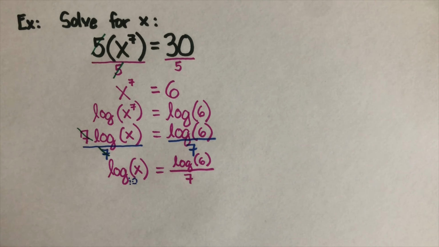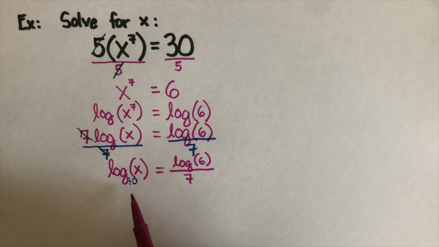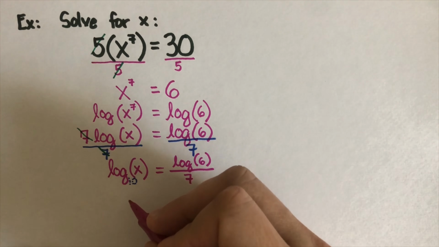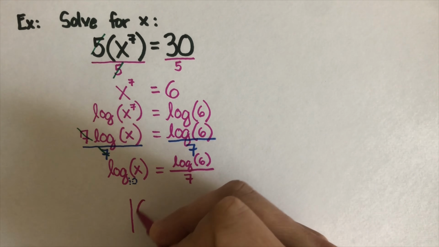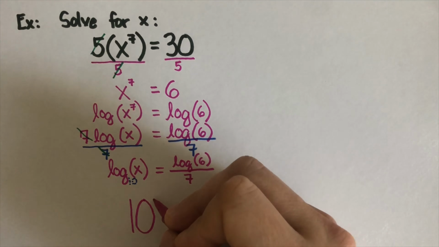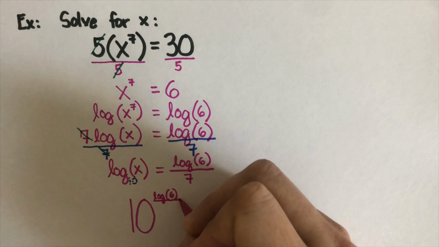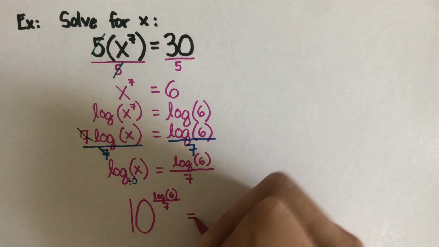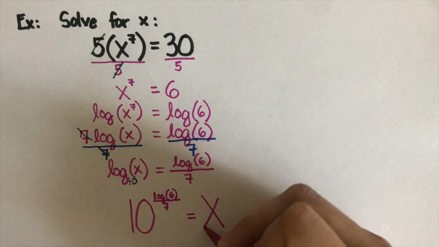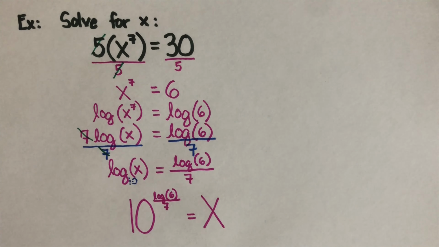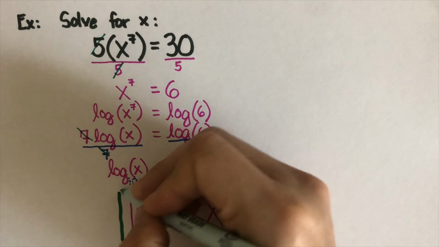So from here, we can change this back into exponential form. That would be 10 to the exponent log of 6 over 7 is equal to x. And this is our value for x.